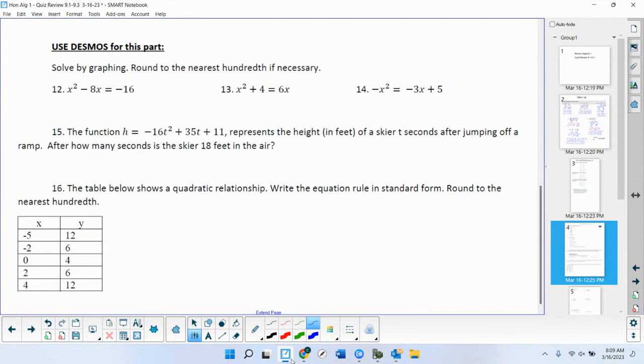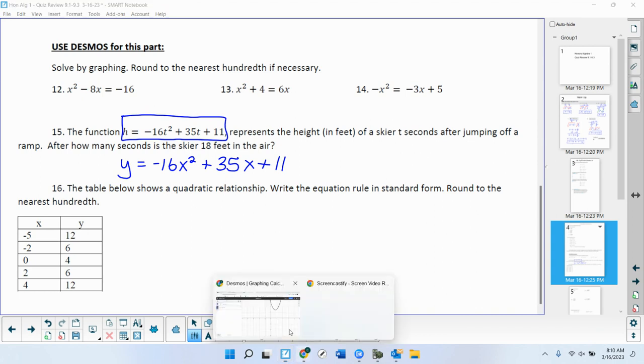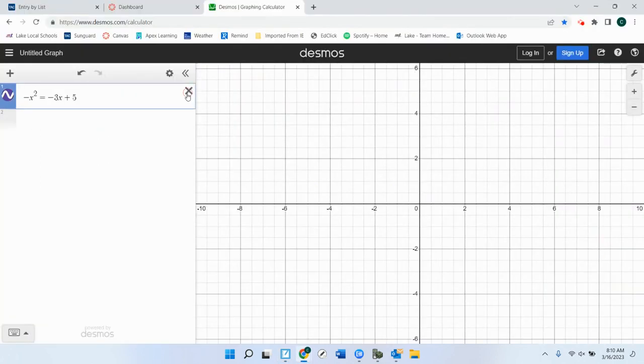Okay. Number 15. What did we have to do with this function? How do I put that into my Desmos calculator? I have to use what? Y and what? X. You have to use Y and X. So I'm going to come in and type that into Desmos. Now, you don't have to put the Y equals.